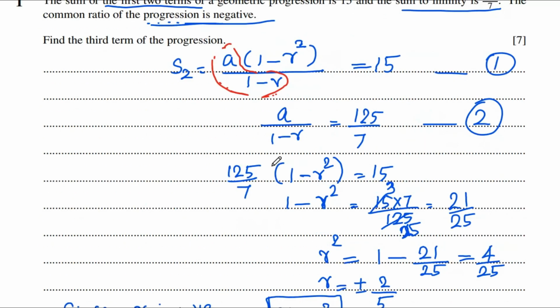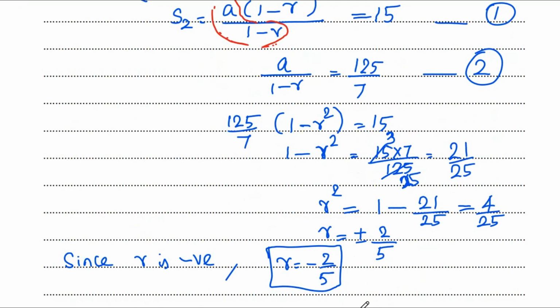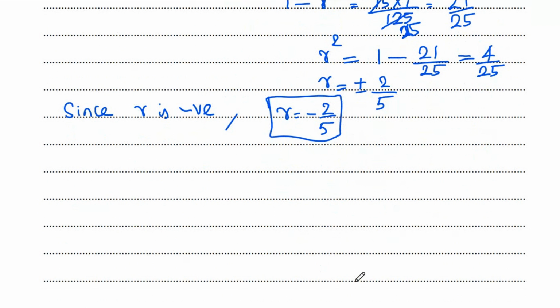We need to find the third term of the progression. Find out the value of A also. So substitute R value as negative 2 over 5 in equation 2. So we get A divided by 1 minus of minus, that means plus 2 over 5, equal to 125 over 7.